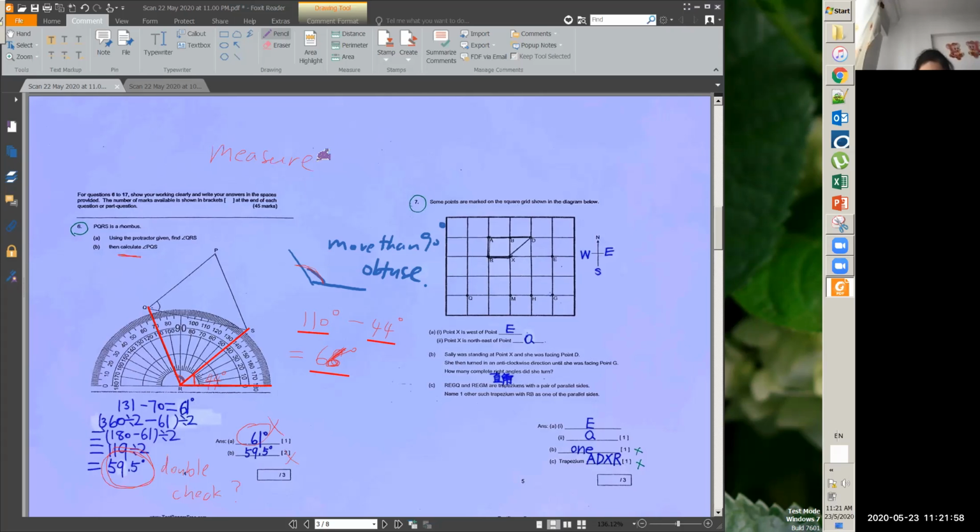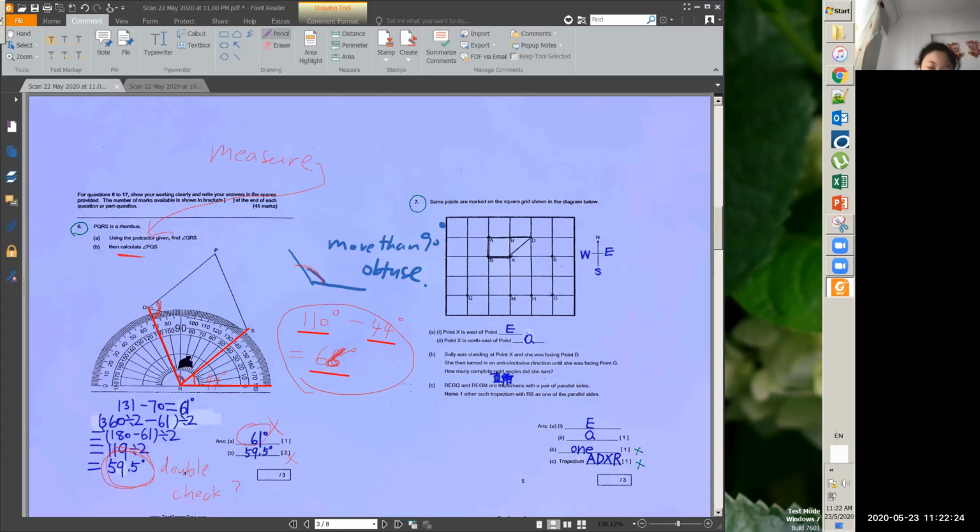Measure means using your protractor. Okay, calculate. Use this to calculate. So with this, you are asked to find PQS, which is here, right? Yes. And if it's a rhombus, what do you need to do?